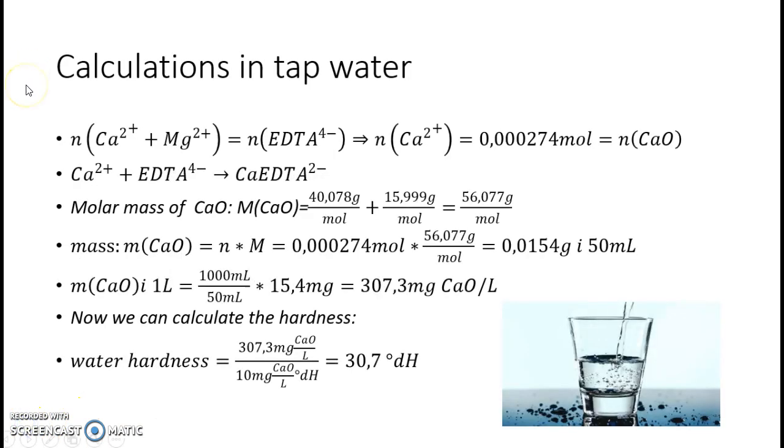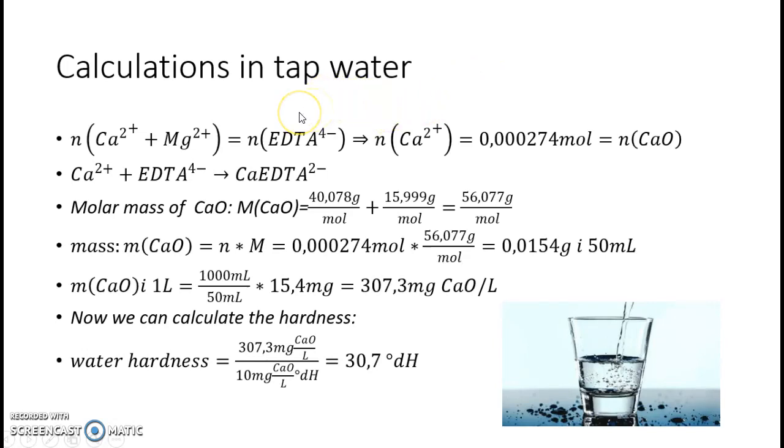So here we have the calculations. In the tap water, we want to find out the water hardness. We do that by first finding the amount of the CaO in the water. The amount of CaO in the water is the same as the amount of Ca2+ ions, which is the same as the amount of EDTA.